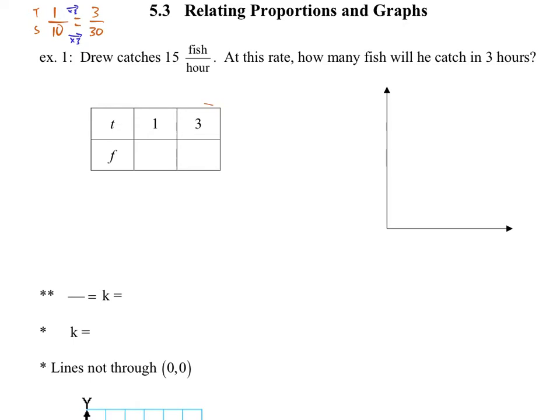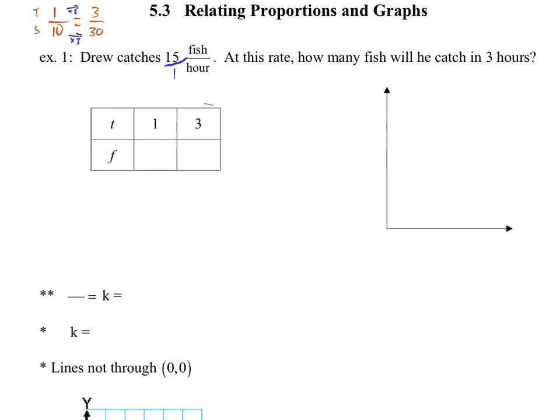So now we're taking section 3, we're doing one more step, we're saying, okay, now what's that going to look like on a graph? So example 1 could or could not be related to Mr. Vanderwall. I know he does like to fish. So if Mr. Vanderwall catches 15 fish per hour, that means he catches 15 fish every how many hours? 1. So we kind of have this ratio, 15 over 1.